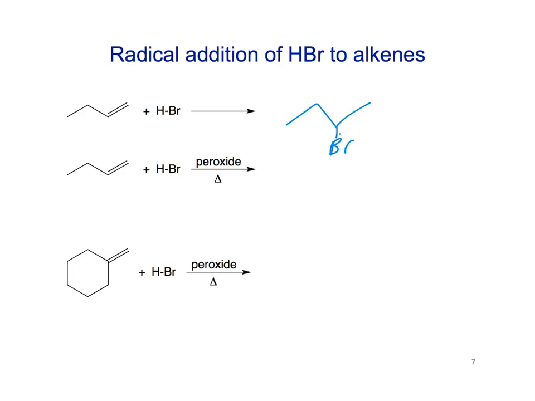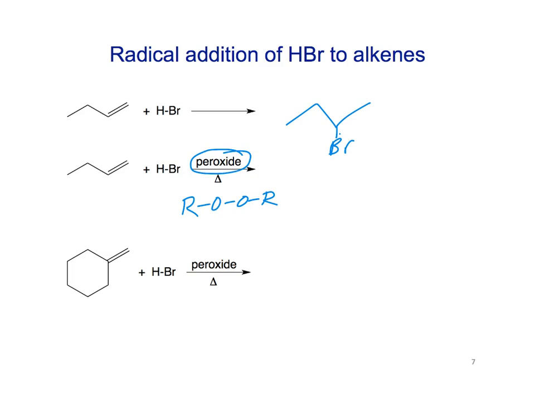If we make one small change to this reaction and we add some peroxide, so peroxide is something that has an oxygen-oxygen bond. If those R groups are hydrogens, then this is hydrogen peroxide. We're just going to put R's. We don't really care what those are at this point.